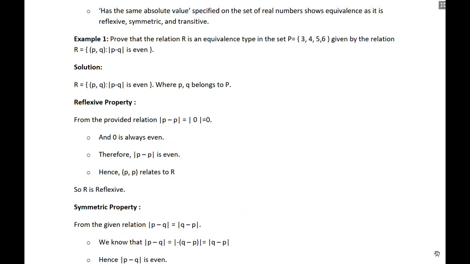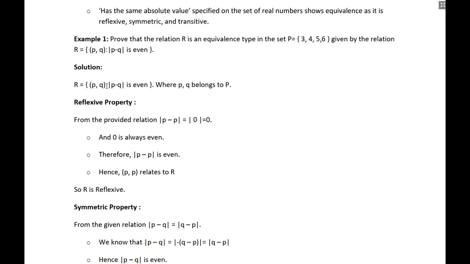Here is another example. Prove that R is an equivalence relation in a set P, where P is a set containing the four elements 3, 4, 5, and 6, given by the relation R. The relation R is defined as containing the ordered pairs for which the absolute difference of the elements making the ordered pair is an even number.